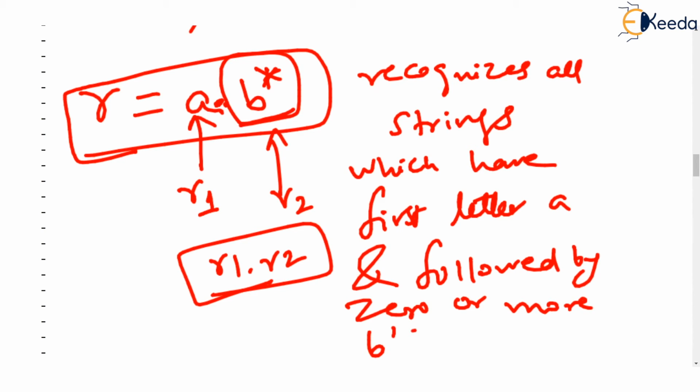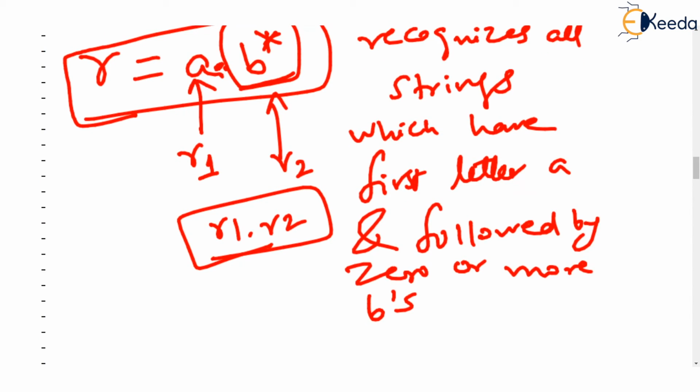I have stopped drawing that filter notation now. I hope you are becoming more and more comfortable. What will be the strings? A will be there. Note epsilon won't be there in this set, because the rule says that A is a must, and A is followed by 0 or more B's.